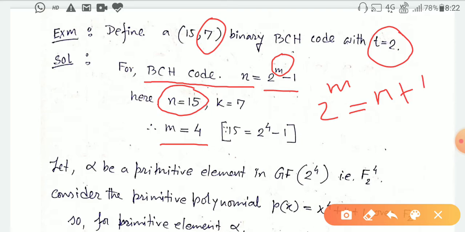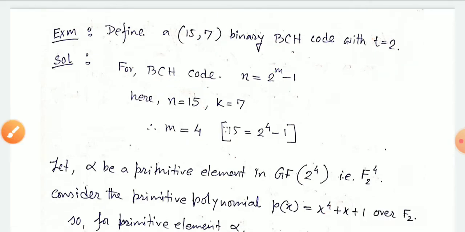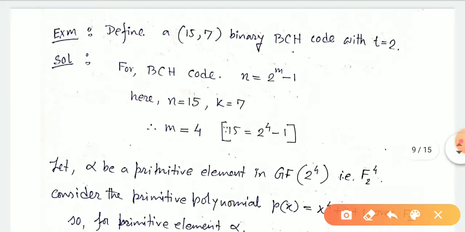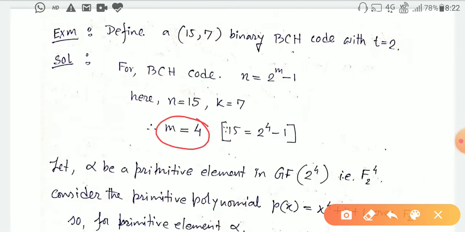You can identify this by using the log base 2, or otherwise by trial and error to get the value of m. So finally, we got that m is 4.